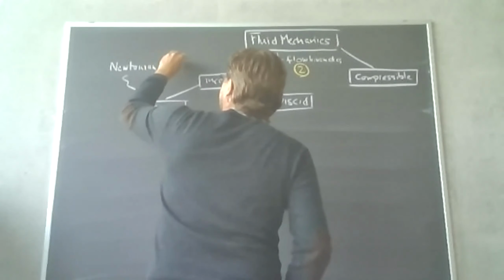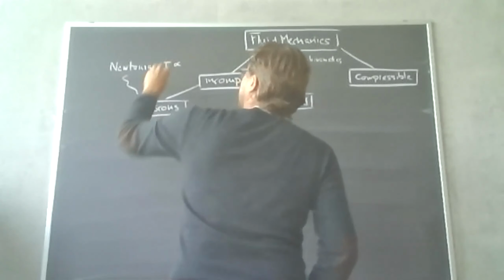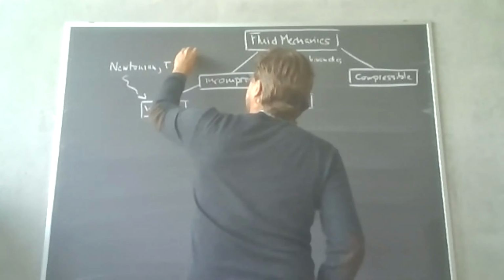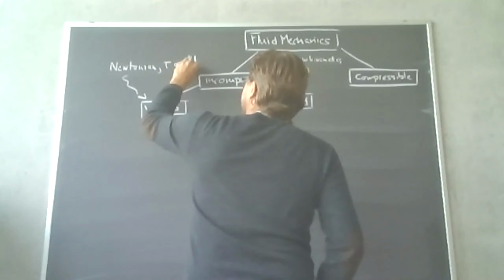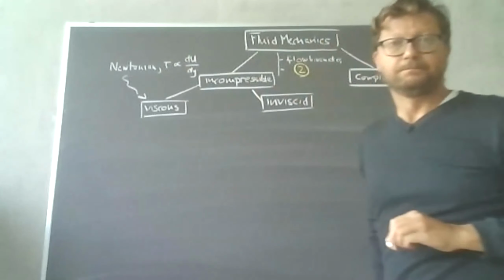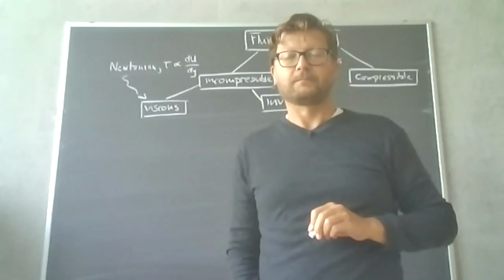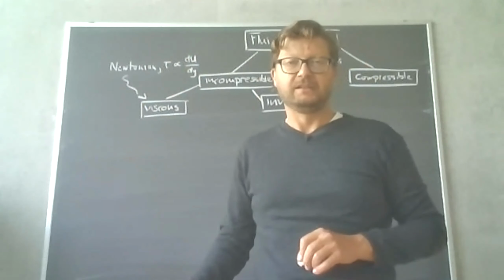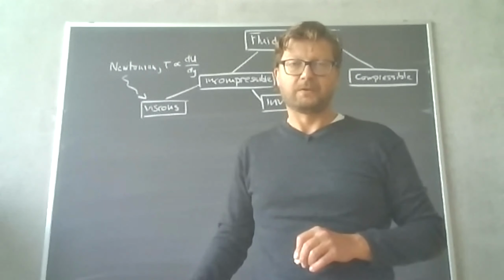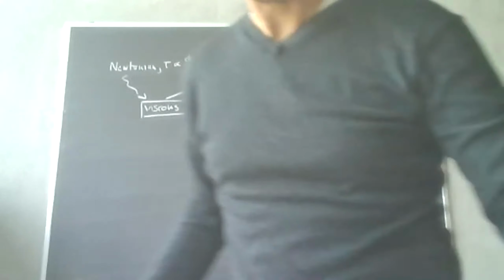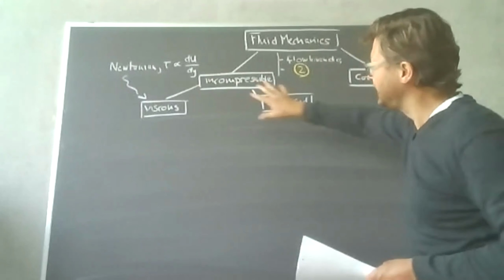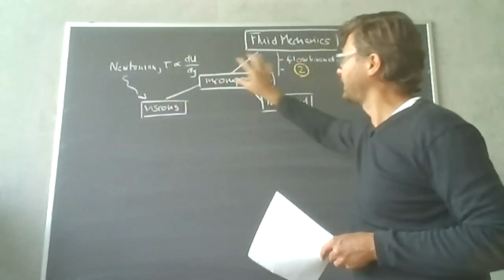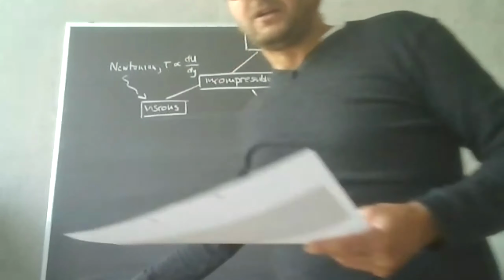Newtonian meaning tau is proportional to du/dy. And the proportionality factor is just the viscosity, the dynamic viscosity. Okay. So these were some very initial distinctions we made: compressible, incompressible, viscous, inviscid. Let's see how we went on with that.